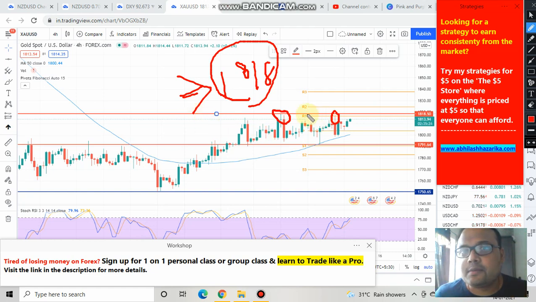Try to understand the market psychology here. The market psychology says that sellers are sitting at this level, and they are not allowing the market to cross this particular level. And the overall chart of the market is also towards the downside.